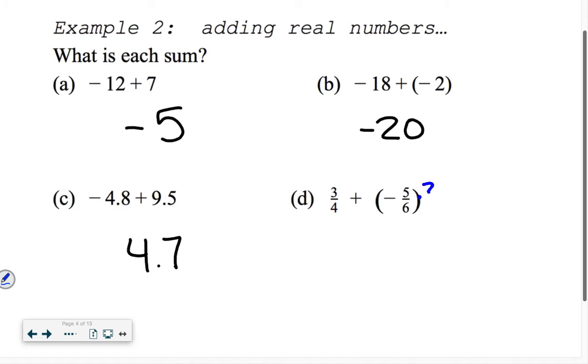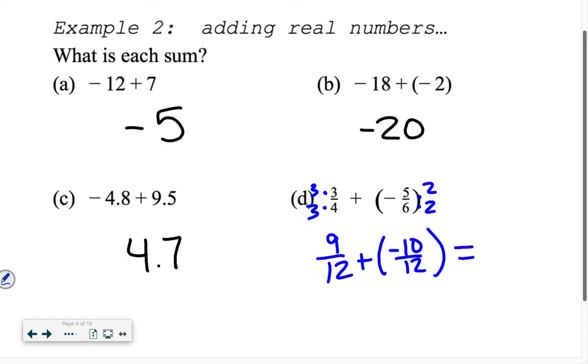So multiply top and bottom by 3 here, and top and bottom by 2 there. 9/12 plus -10/12. Then you add across the top, or subtract, depending on the problem. So 9 plus -10. Opposite signs, so we're going to end up subtracting. You get 1, and the bigger number, that 10, is negative. So your final answer is -1/12.